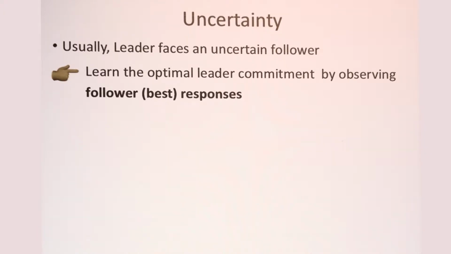There are a number of papers along this research line adopting similar ideas to design algorithms for the leader to learn either the follower's type or her optimal commitment directly.